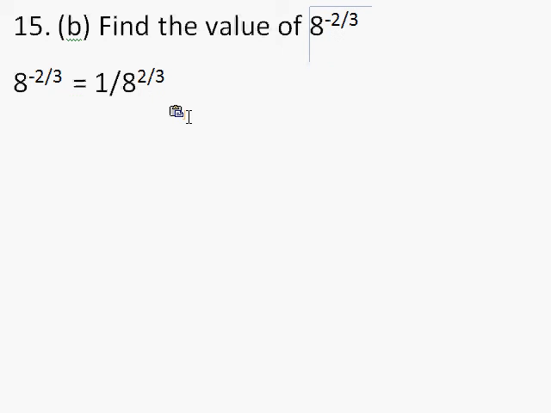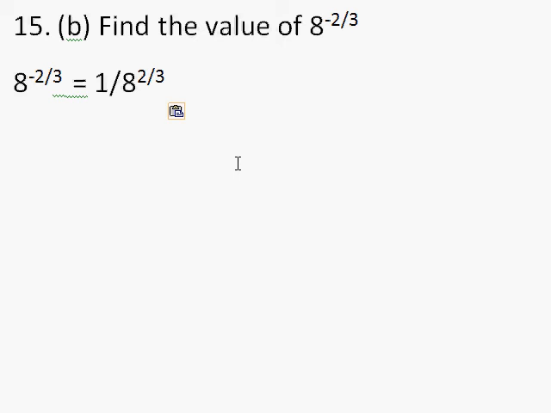So I know that right away. So 8 to the power of negative 2/3 equals 1 over 8 to the power of 2/3.